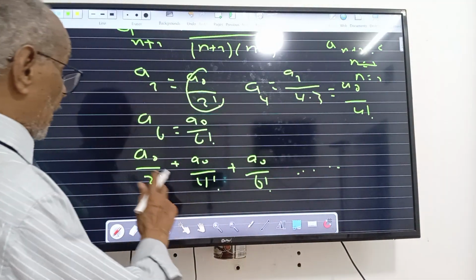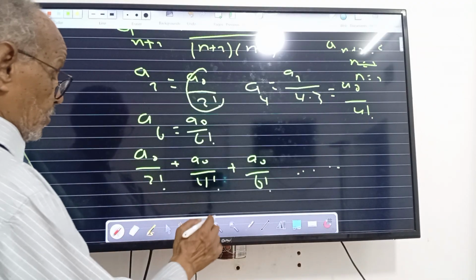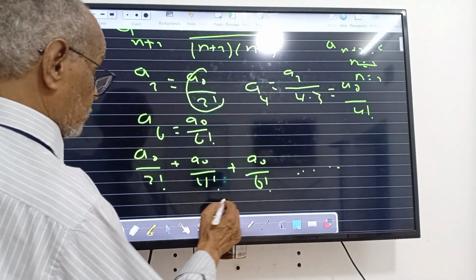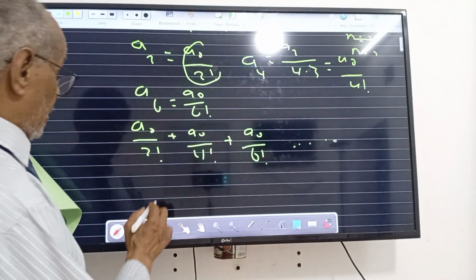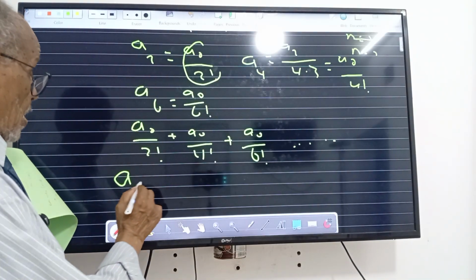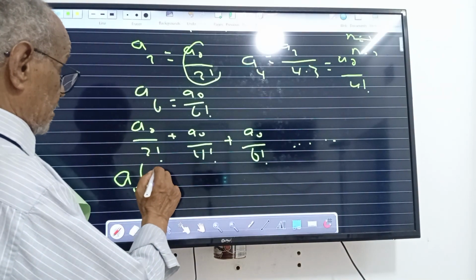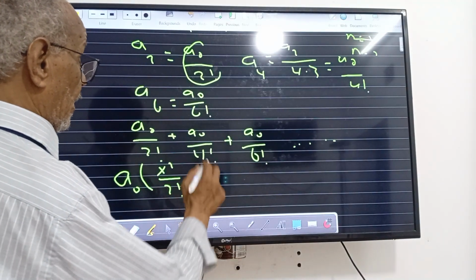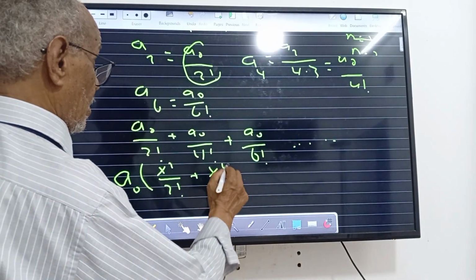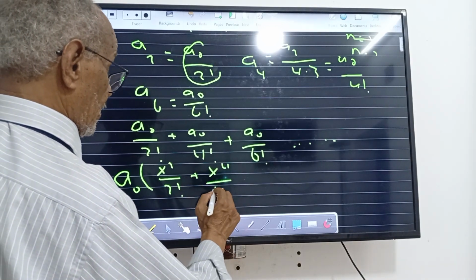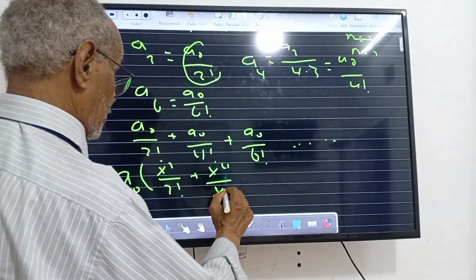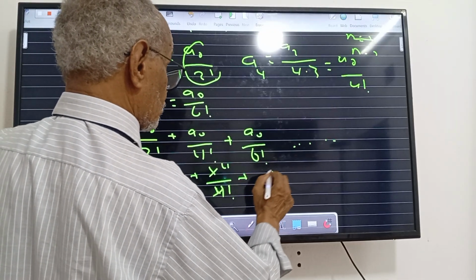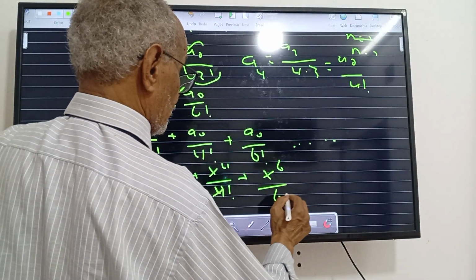If you take A0 as the common factor, you get the following: A0 times x squared over 2 factorial, plus x to the 4 over 4 factorial, and x to the power 6 over 6 factorial. Okay?